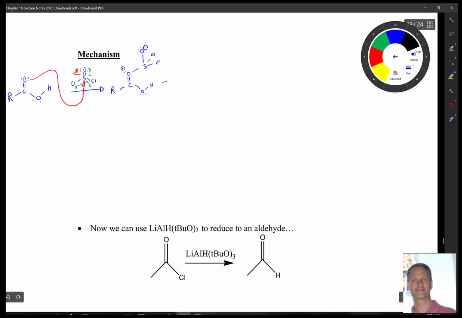And then that's going to give us a few resonance structures here, guys. So let's draw them out. That gives you your R group, your carbon, oxygen, and all that other stuff.